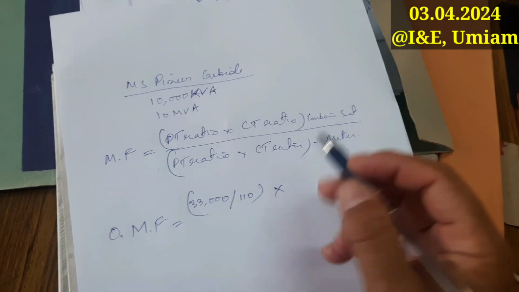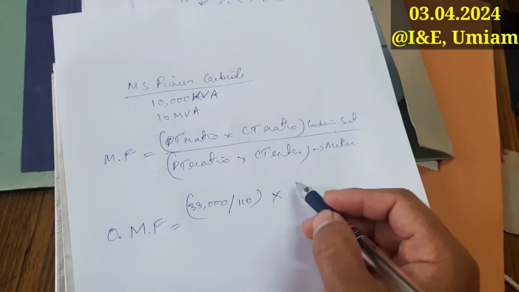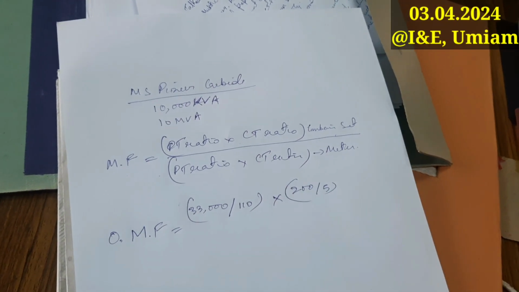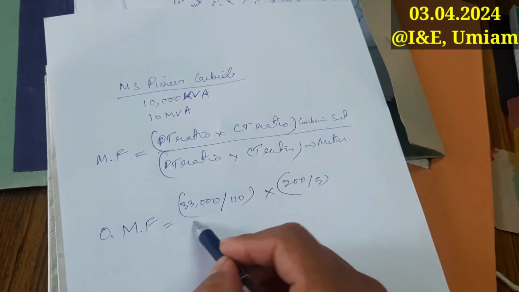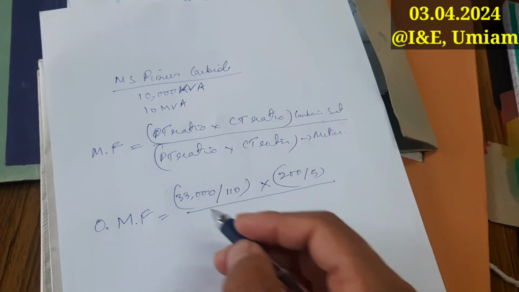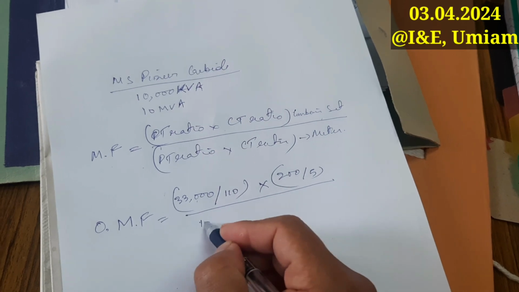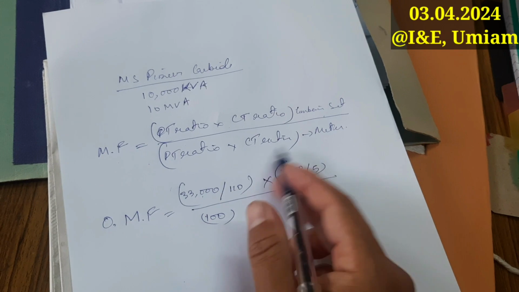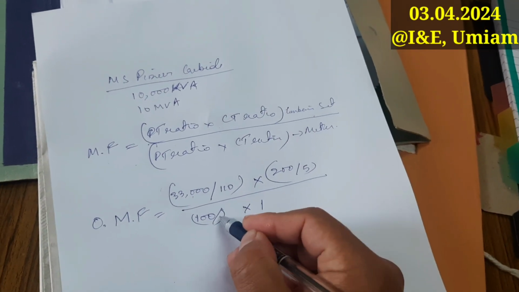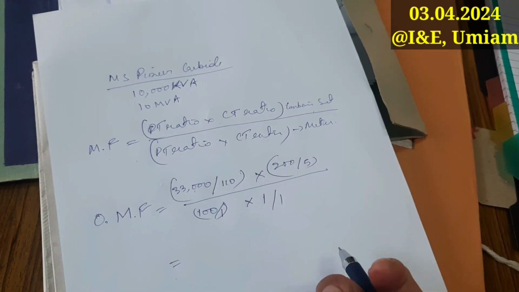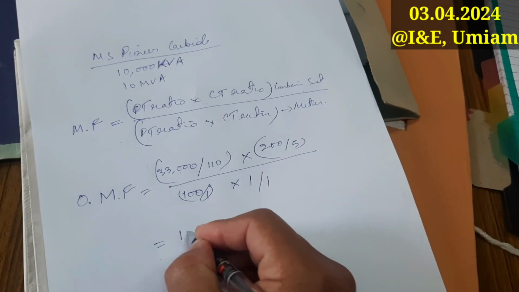So we have selected a CT ratio of 200 by 5 for the combined set, and we divide it by the PT ratio of the meter, which in our case is 100, into CT ratio 1, you can say 1 by 1. When you use a calculator, you will get 120.